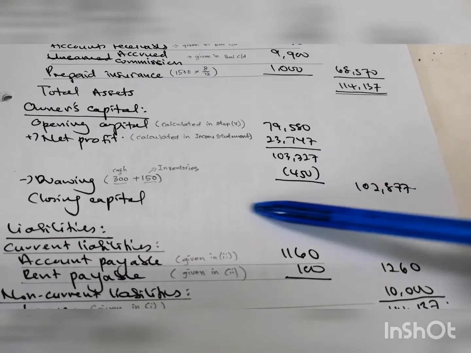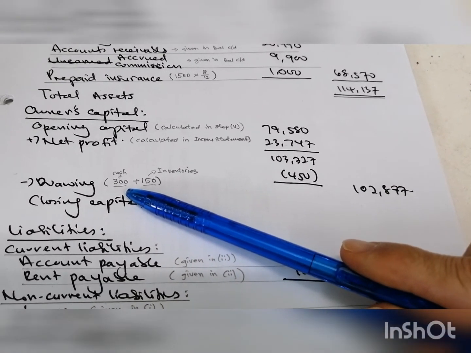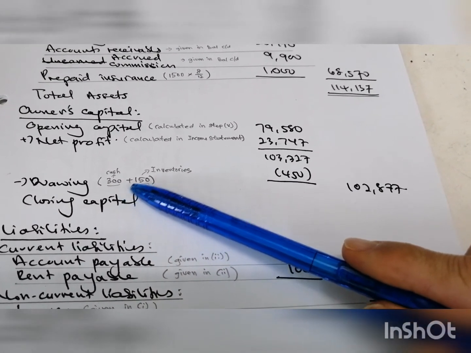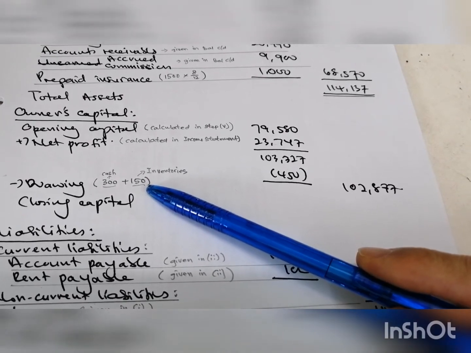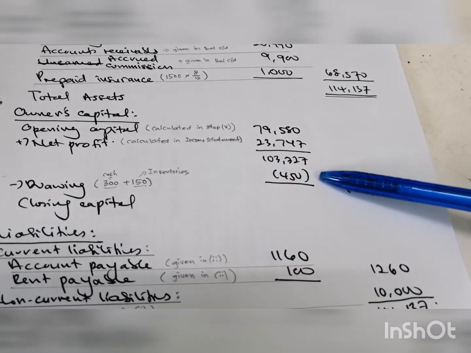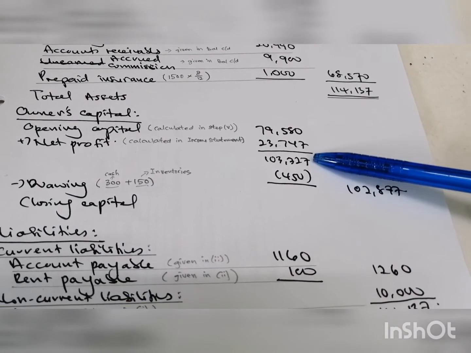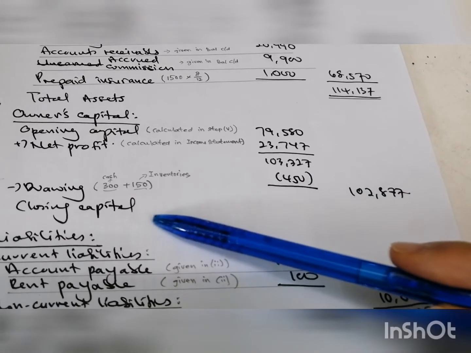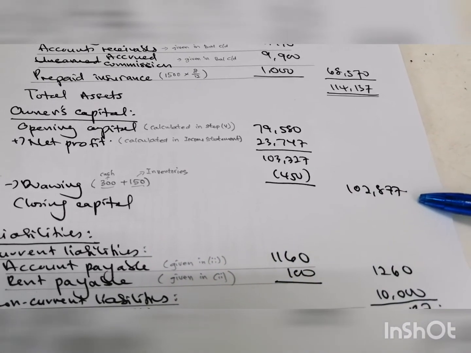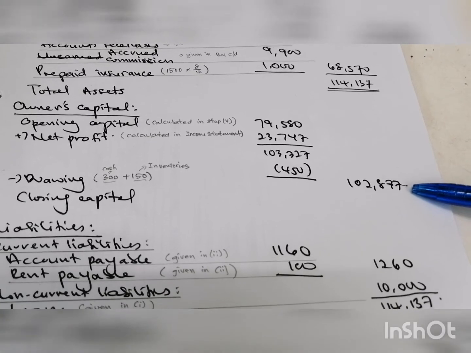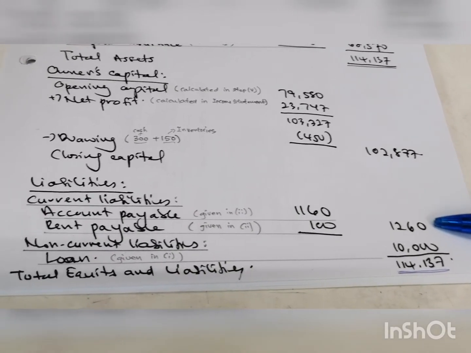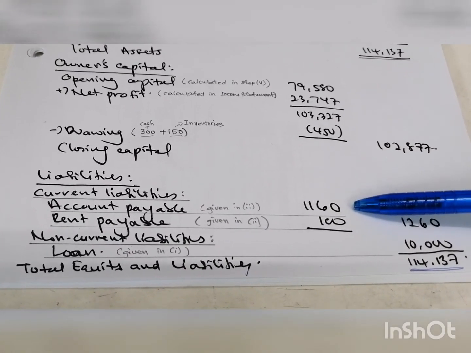Minus the drawings. The drawings are drawings of cash 300 plus drawings of inventory 150. That's why we get 450 here. So this minus this, we get our closing capital, 102,877.